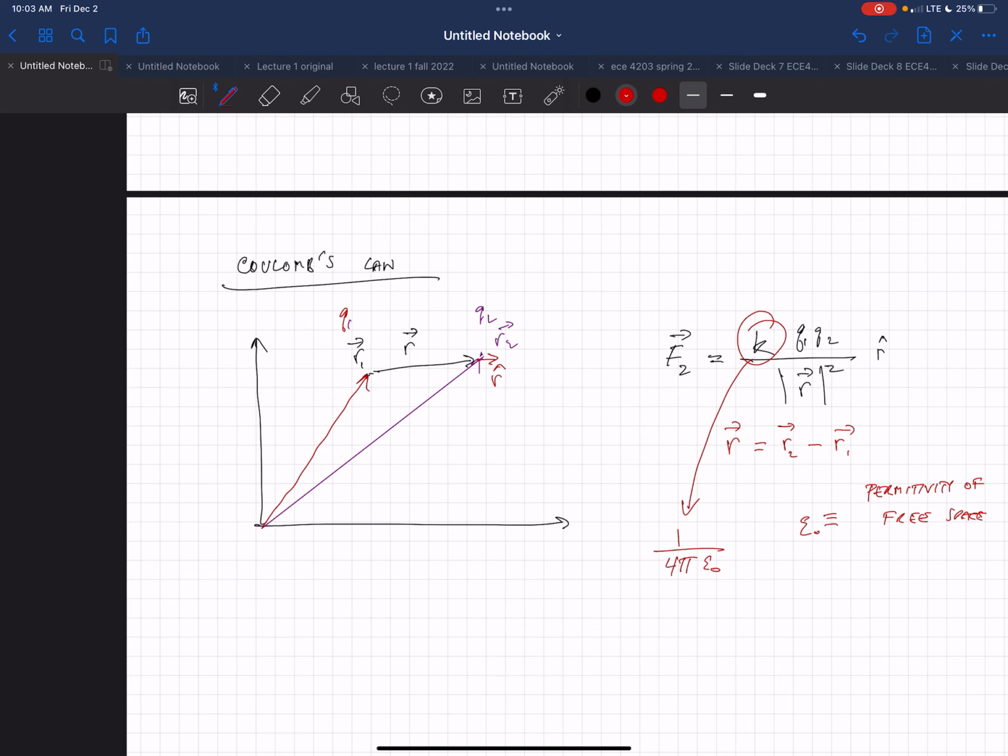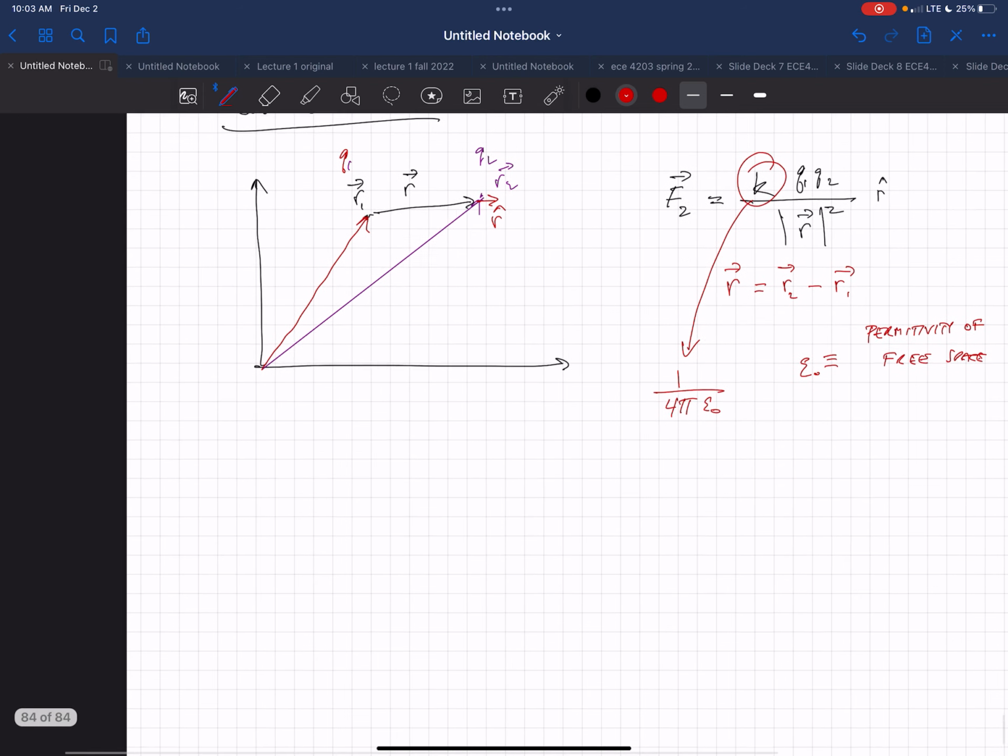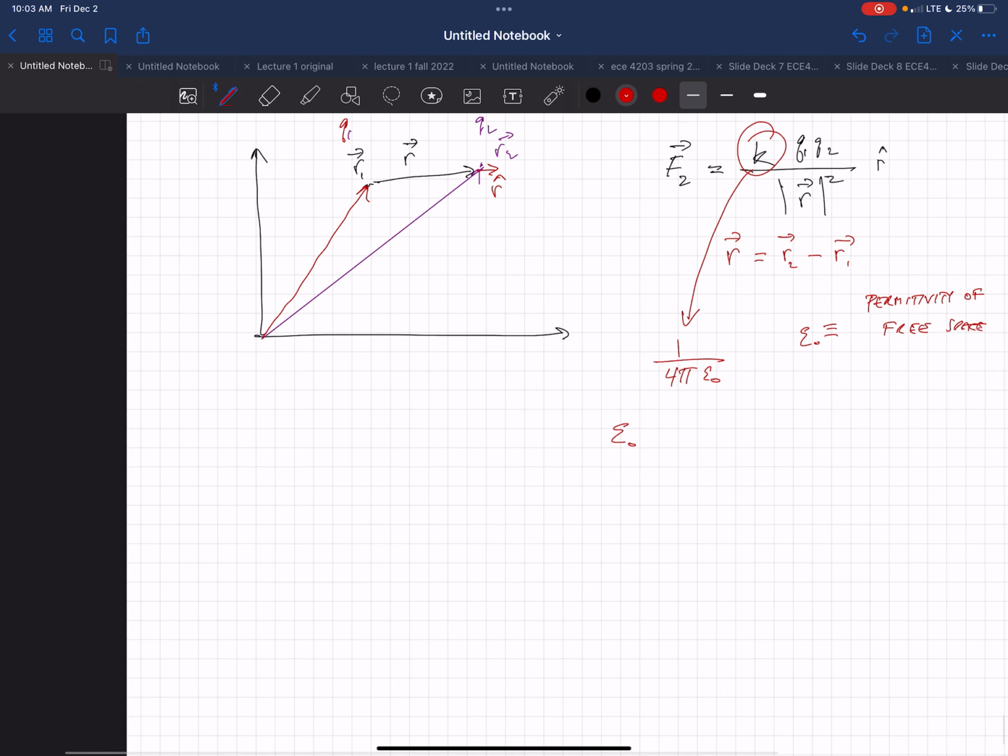So that's why you have the permittivity of free space, and this epsilon naught in SI units is 8.85 times 10 to the minus 12 Farads per meter.